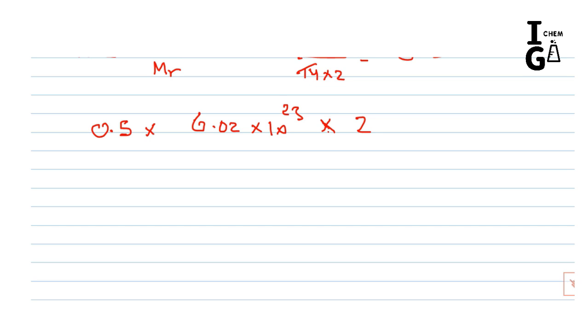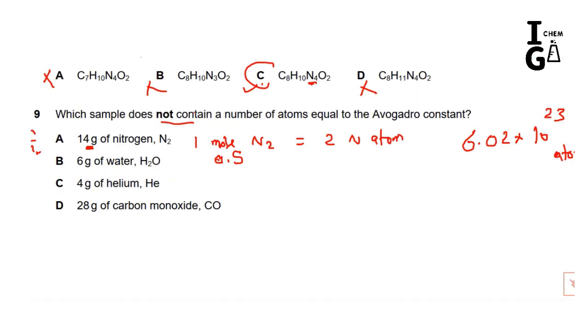By doing this, 0.5 times 2 should be 1. So finally we'll have Avogadro's constant of atoms in this one. And the question asks about the one that does not contain. So this is not the one we look for, so this one is not correct, because this one contains already Avogadro's constant.